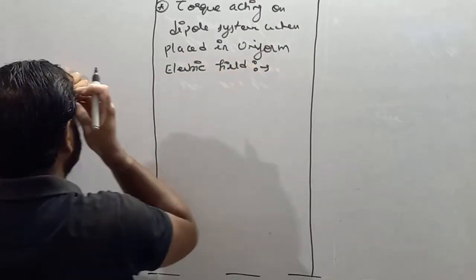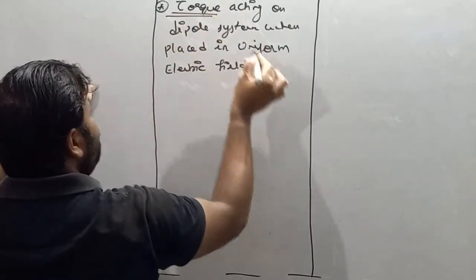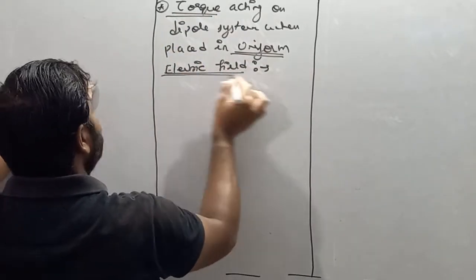Here we have two terms, one is torque and the other is uniform electric field.